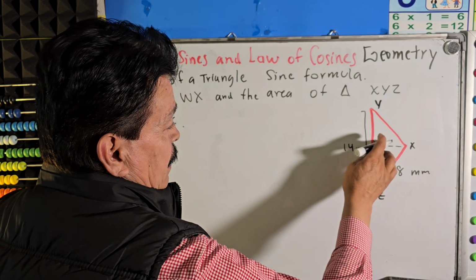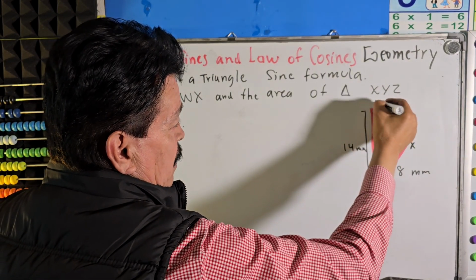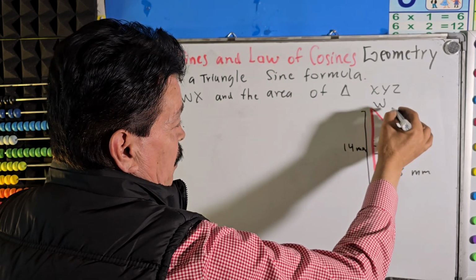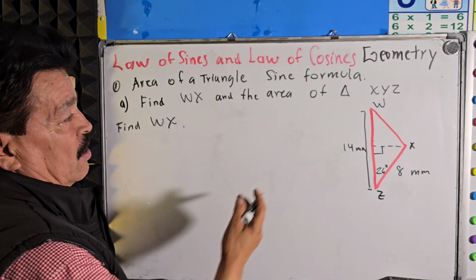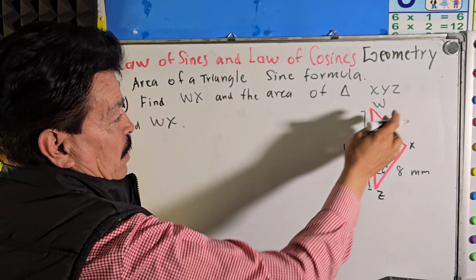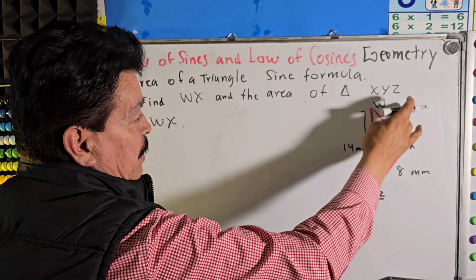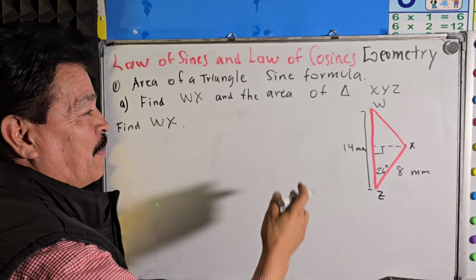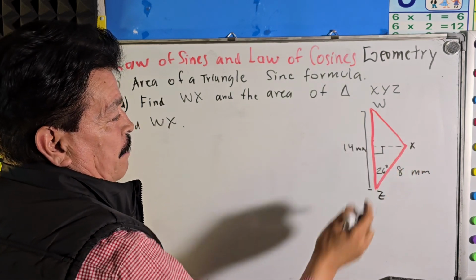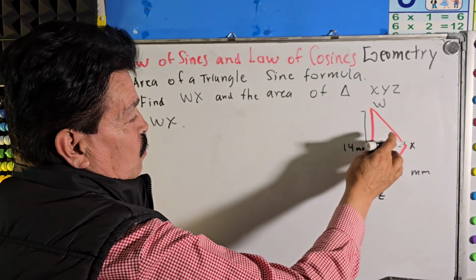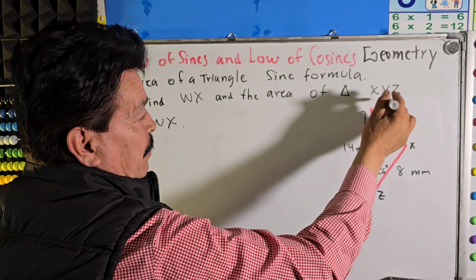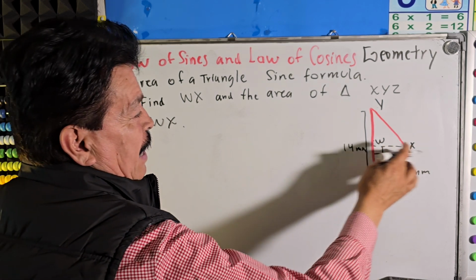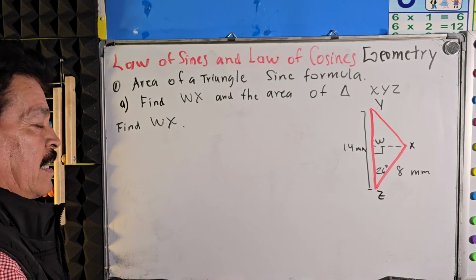Let's write W right here in our problem, otherwise we cannot find it. We have to find WX, this side. This will be the height, and this is the side right there.